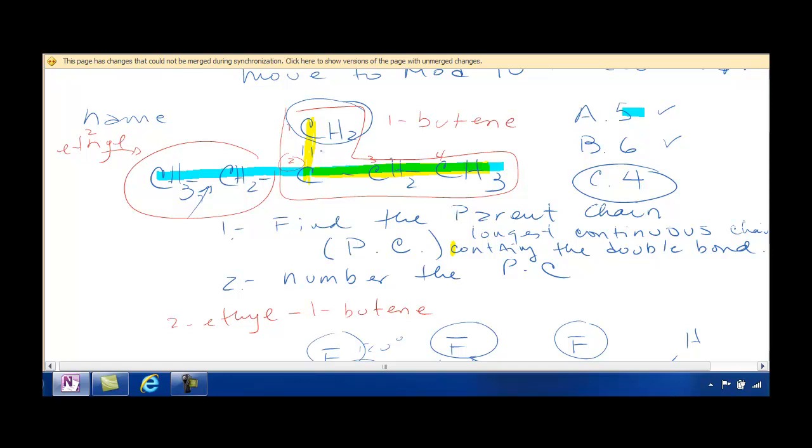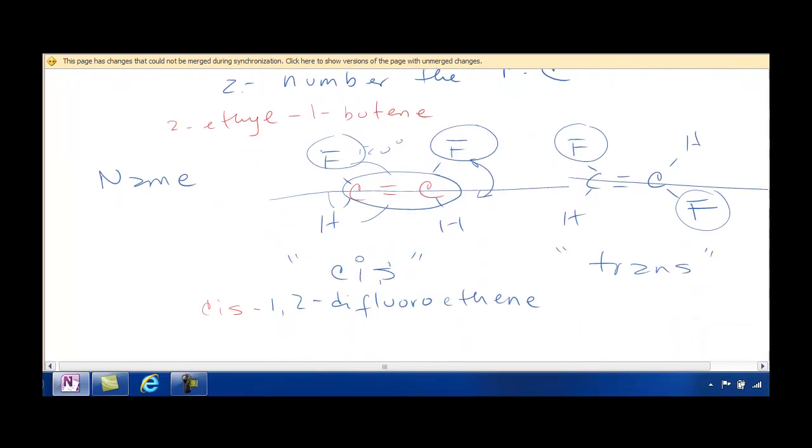If H is identical to H and you flip them, what you put to the right you're going to put to the left, or what you put in the top you're going to put in the bottom, that's not going to make a difference. Okay, so in order for us to have cis and trans isomers, and these are geometrical isomers, we need 2 conditions. We need to have an alkene, we need to have a double bond.